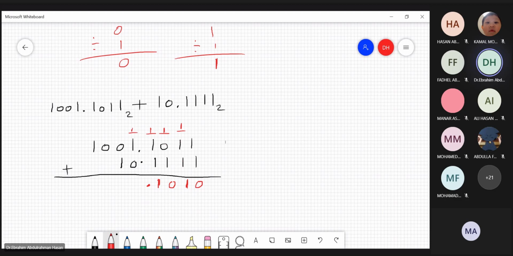And 1 plus 1 plus 0, it is 0 carry 1. 1 plus 0 plus 1, it is 0 carry 1. And 1 plus 0 plus 0, it is 1. And this is 1 plus 0, it is 1. So then this is the solution directly.